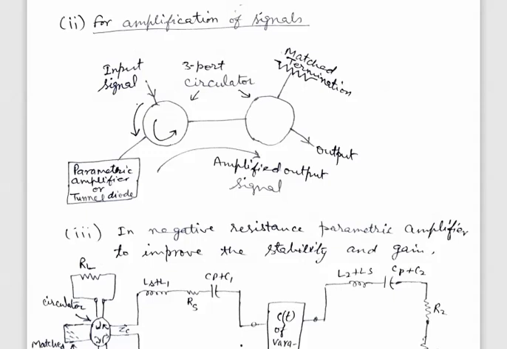It is circulated to a parametric amplifier or tunnel diode, and the amplified signal is transferred to the output port of the second 3-port circulator, and if there are any reflections, then they will be circulated towards the matched termination, which will absorb these signals, and they will not be circulated again to the input. So in this way the amplified output signal can be obtained with the help of a circulator.